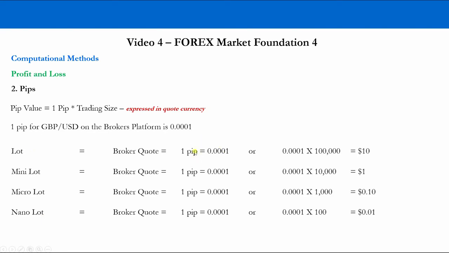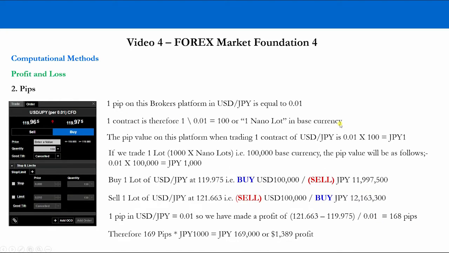So all you do is take the pip value, fix it, and multiply across the sizes. Here, 1 lot is 100,000, a mini lot is 10,000, micro and nano, and you get your pip values expressed in quote currency here. So you can apply that table across all trading platforms.